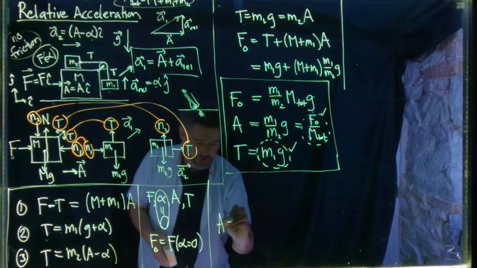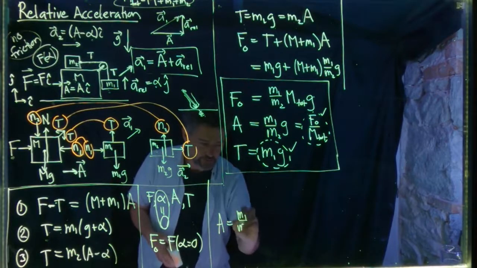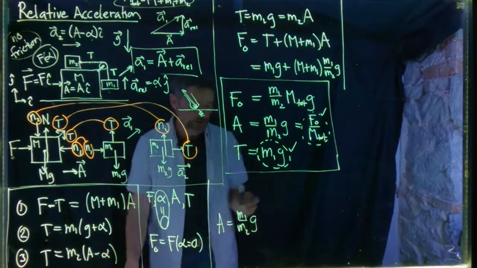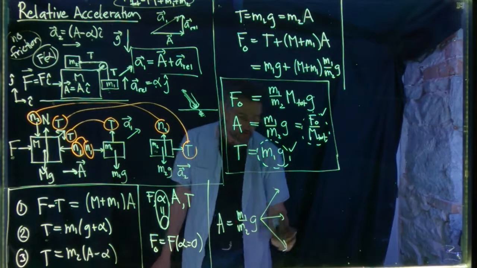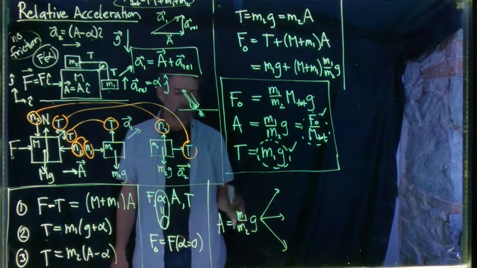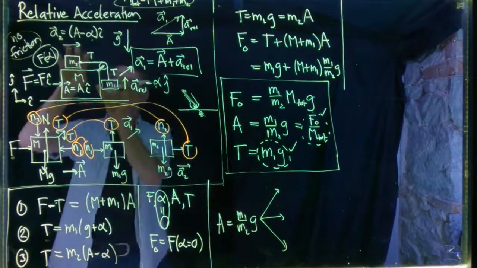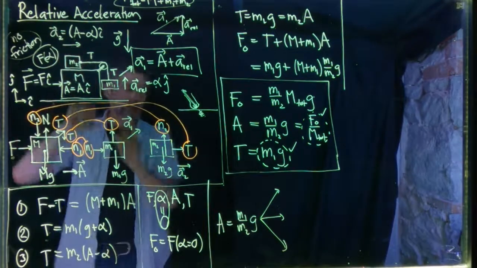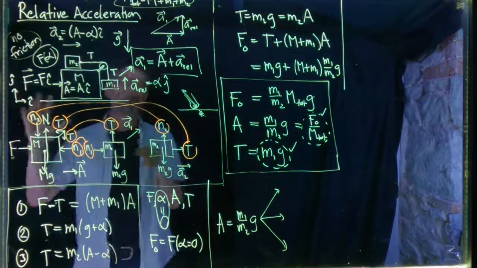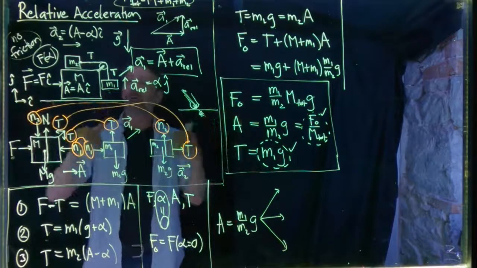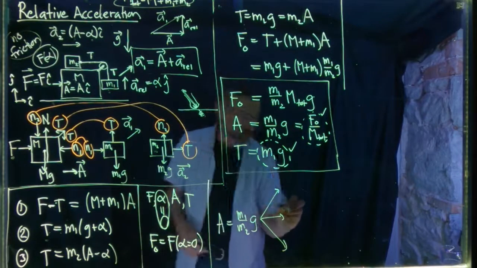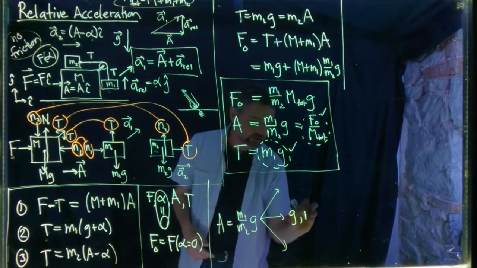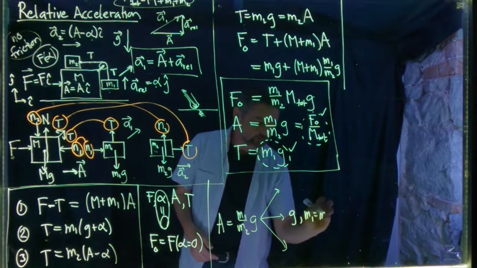The acceleration is equal to m1 over m2 times g. Okay, now there are three special cases here to think about. So first of all, when m1 is equal to m2, when these two masses are equal, it tells you that for this critical value of force, there is a particular acceleration. When m1 equals m2, we get an acceleration of g.